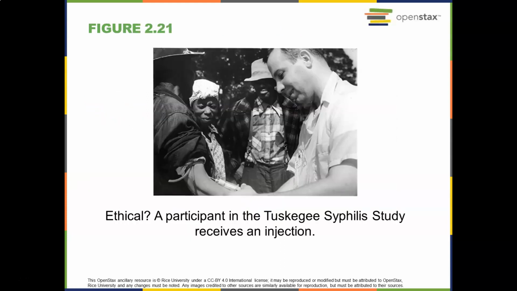So here's an example of another. I was just trying to give you a couple of examples here. So this is definitely not ethical anymore, but in this Tuskegee syphilis study, scientists actually gave these participants an injection of syphilis in order to measure the effects, so they purposefully allowed these participants to be harmed.